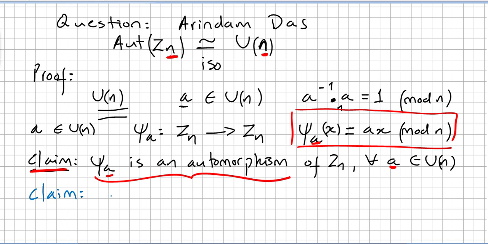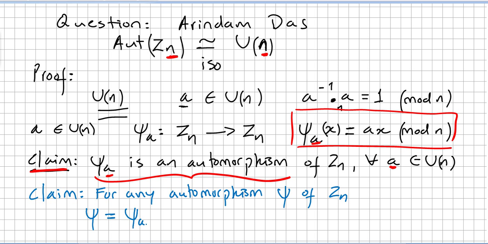What I'm going to claim now is that for any automorphism psi of Zn, I say that psi equals psi of a, where a equals psi of 1.